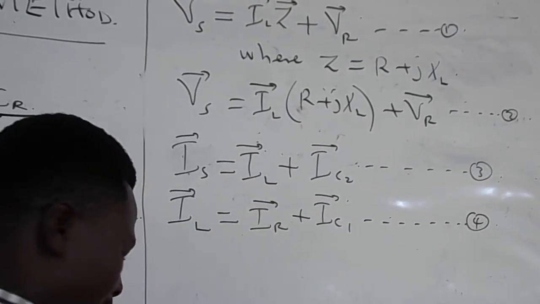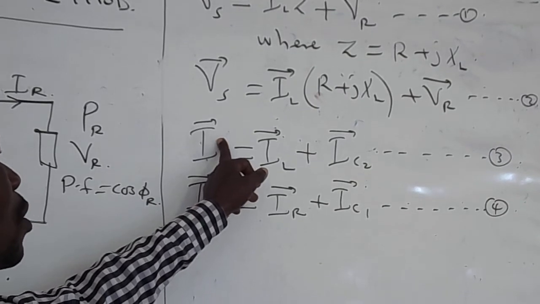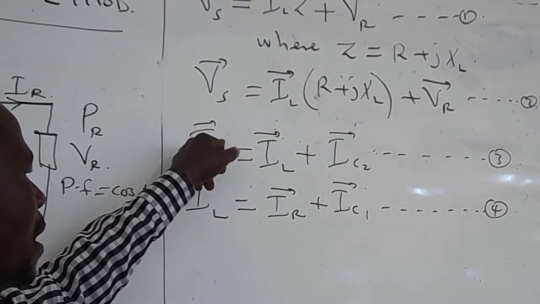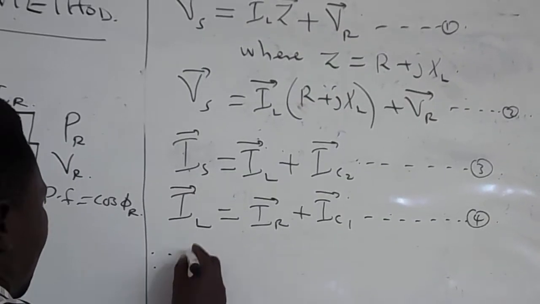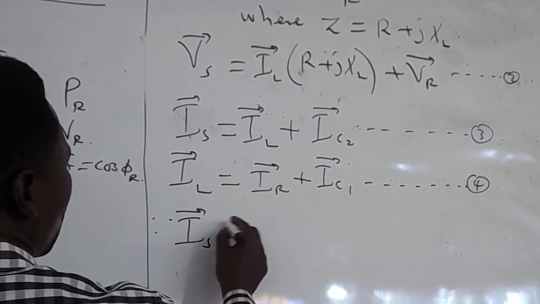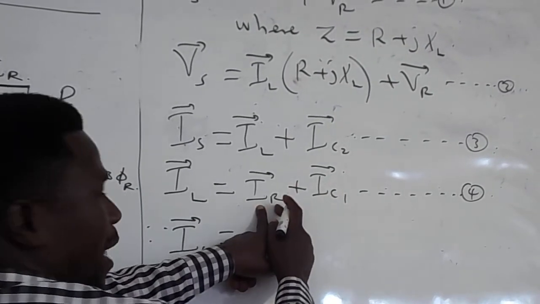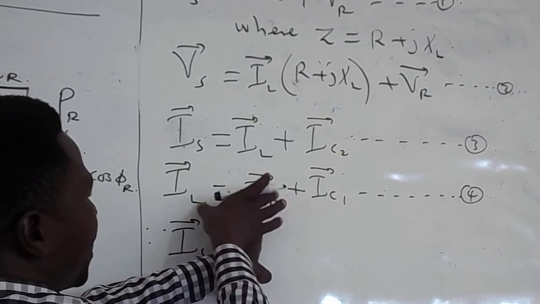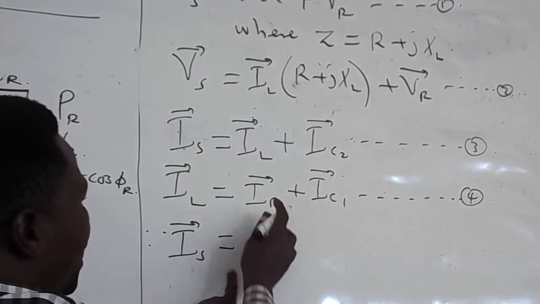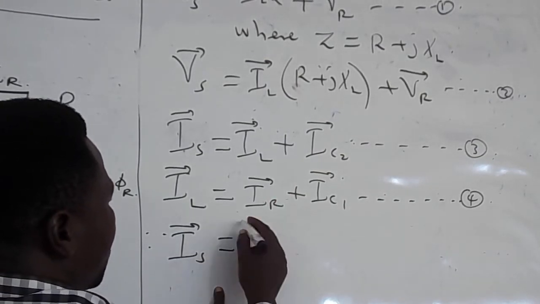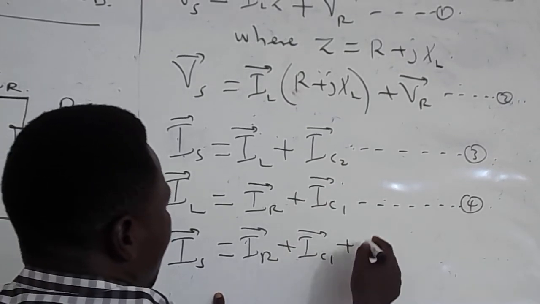So you will also realize that we can express IS in terms of the receiving end current, whereby we say that the sending end current is equal to the receiving end current plus IC1 plus IC2.